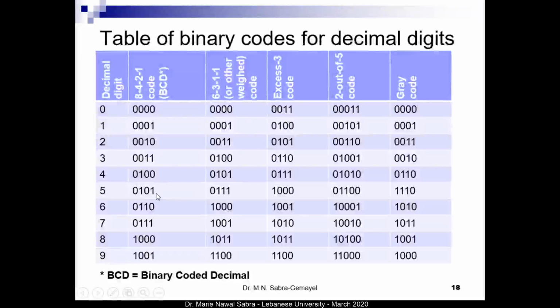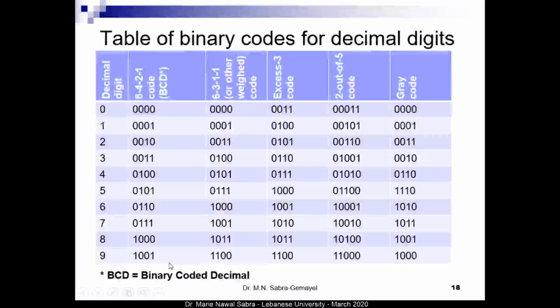So this is times 1, plus 0 times 2 plus 1 times 4 plus 0 times 8, and the result is 5. And this representation is exactly representing the 5 digit in decimal. This means that it is the binary value representation.